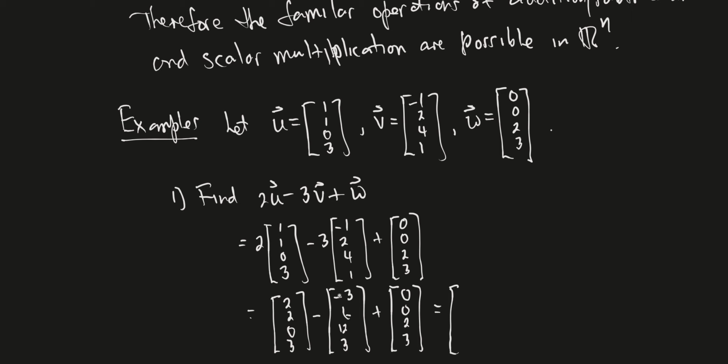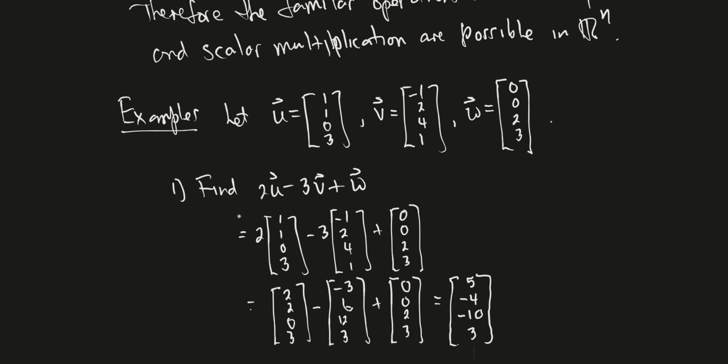So I have 2 minus negative 3, that's 5, plus 0, so 5. 2 minus 6, that's negative 4, plus 0, so negative 4. 0 minus 12 plus 2, that's negative 10. And then finally 6 minus 3 plus 3 is 6. And this is the vector that's 2u minus 3v plus w, right?